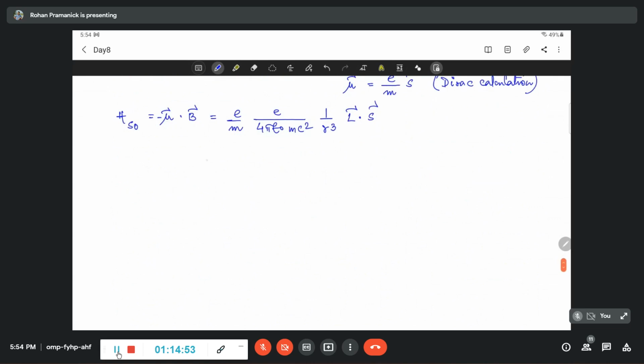And then you find that this is e squared by 4 pi epsilon 0 m squared c squared, 1 by r cubed, L dot S. So this is the perturbed Hamiltonian due to spin orbit coupling.